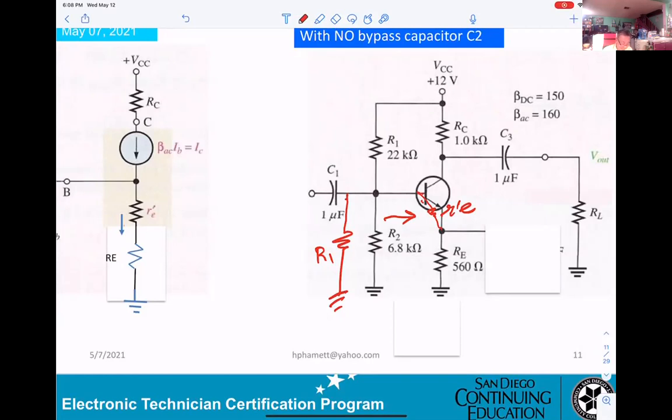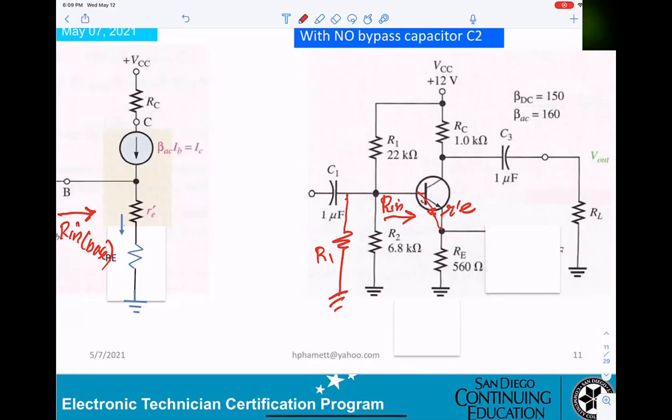So that means you're looking into here, R in base. Can you tell me how many resistance you get? That means you have to look in from here. I think 582 ohms.